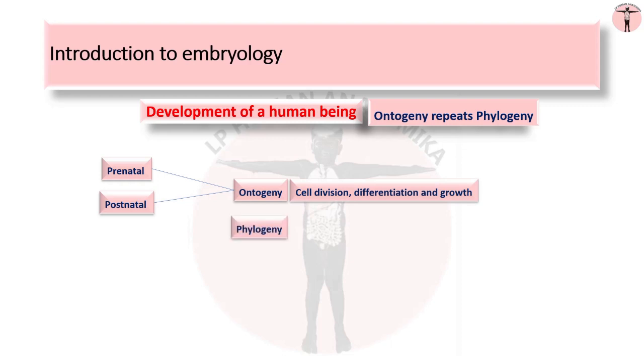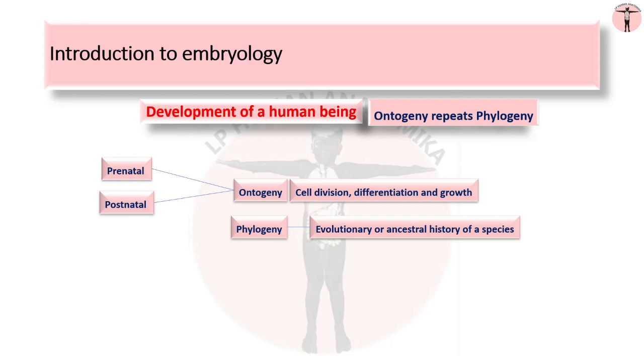Phylogeny is the evolutionary or ancestral history of a group of organisms or species. It includes developmental changes in various organs like kidney or heart and organ systems like respiratory or skeletal systems, starting from fishes, amphibians, reptiles, birds, and mammals.